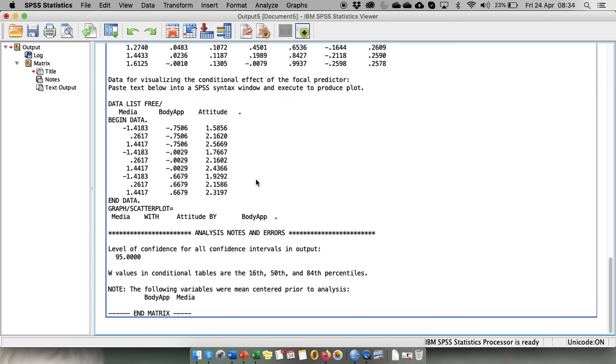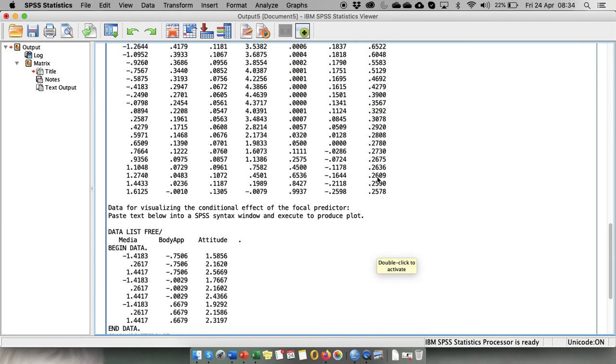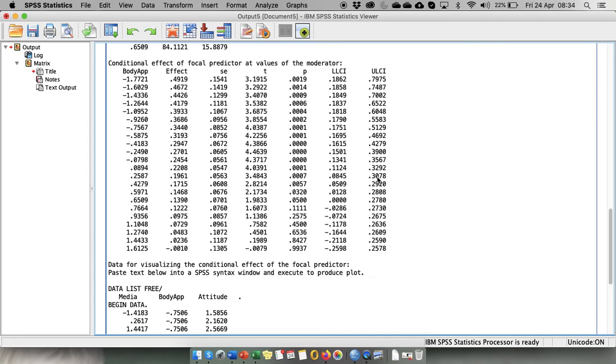But in our case, we don't have an interaction, which means all those lines for the medium group, high group and low group will all be going parallel to each other. But this is basically how you would do the moderation analysis in process.